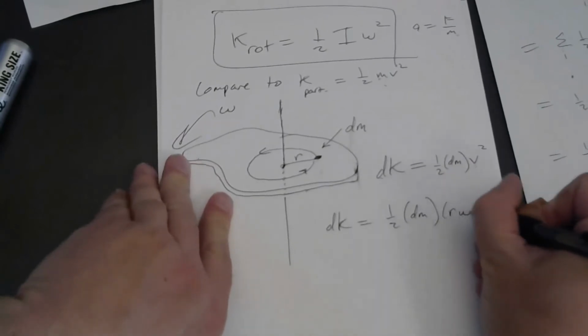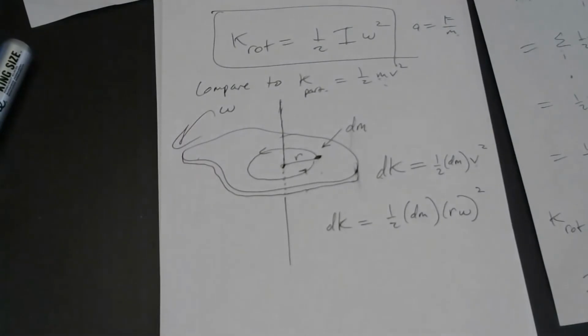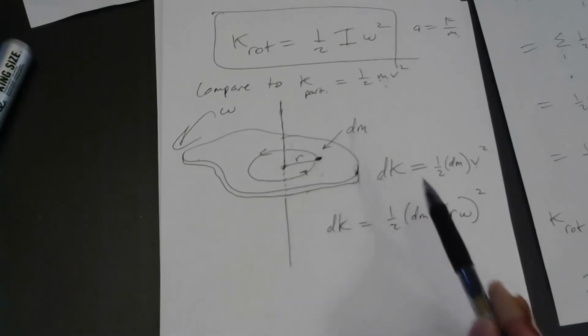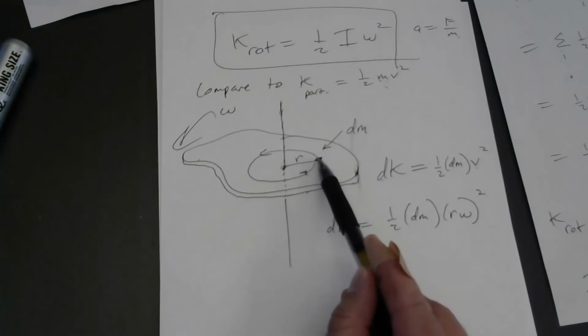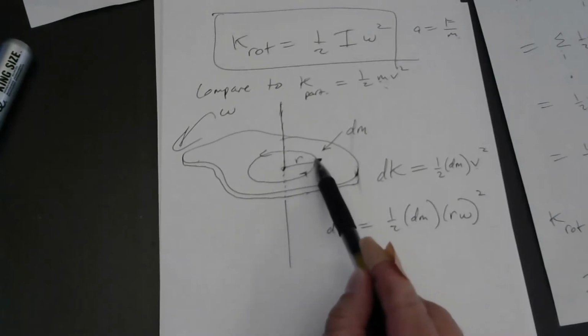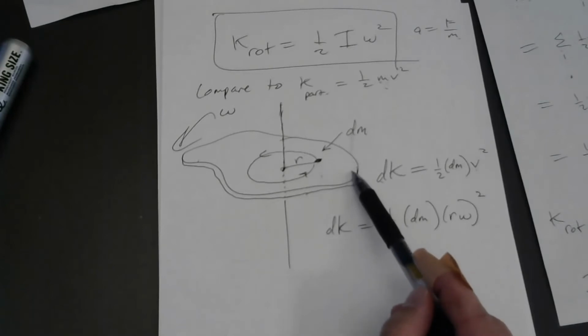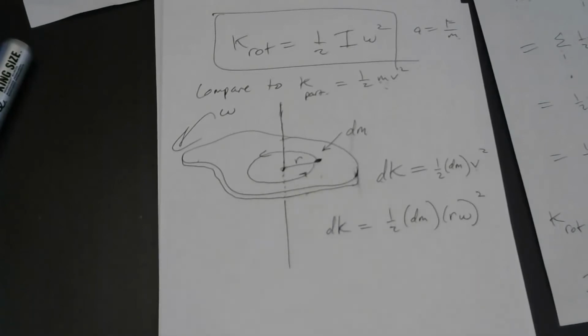That's r omega squared. So this time, I no longer have the subscript i to distinguish the masses, but it's understood, that's a defect of the notation here, that dm is just some arbitrary piece of mass here, and r is the radius between the axis and that particular piece of mass. R is going to depend on which piece of mass you're looking at. A little chunk of mass over here would have a greater value of r.